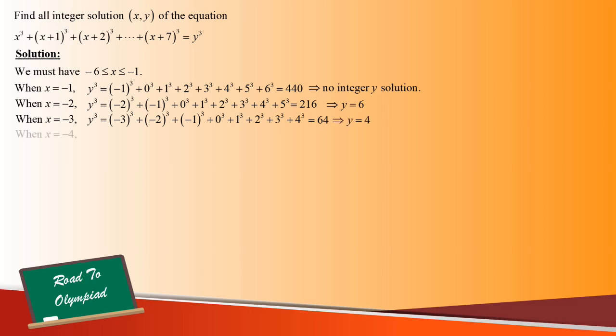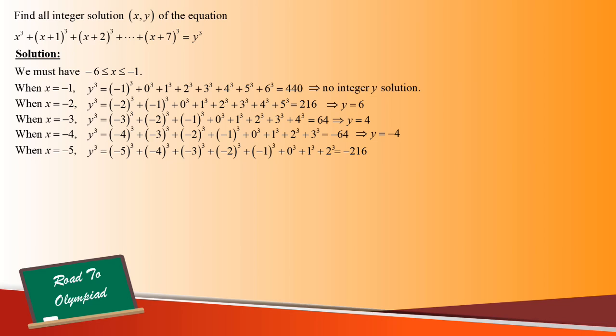When x is equal to negative 4, we notice that this situation is just the same as when x is equal to negative 3, except this time the sum is equal to negative 64 and thus y is equal to negative 4. Also, when x is equal to negative 5, the result is similar to that when x is equal to negative 2, which gives y equal to negative 6.